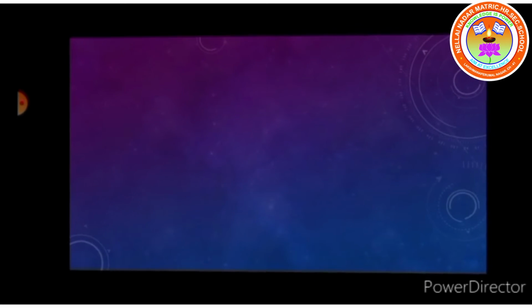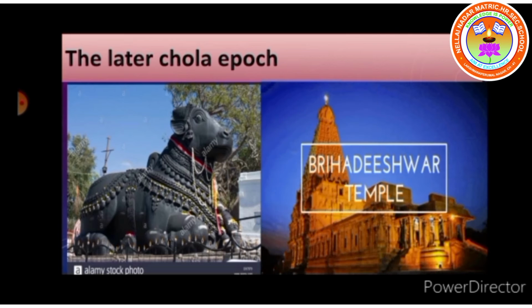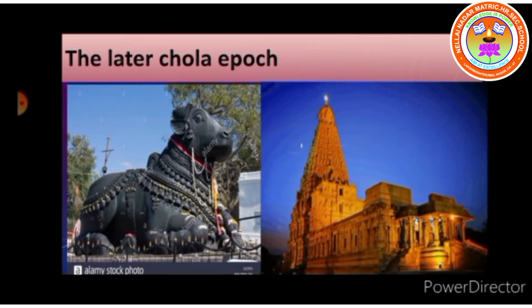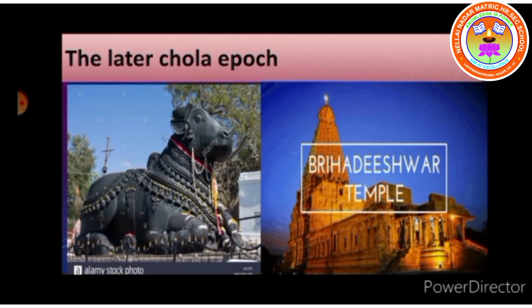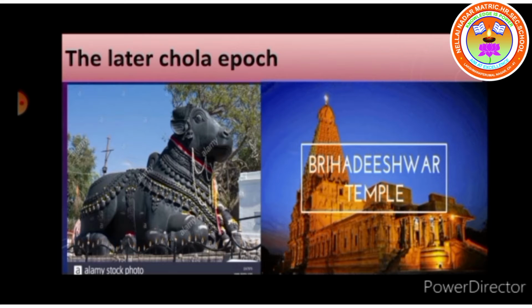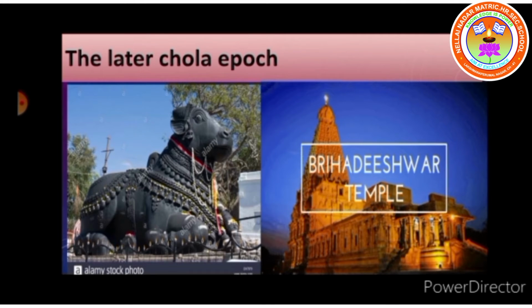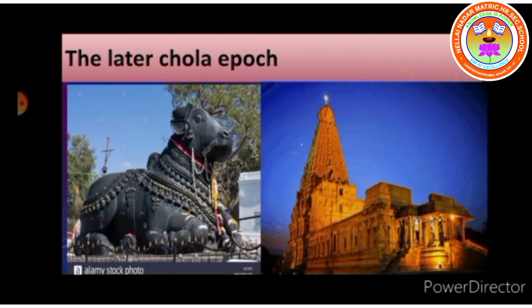Next, later Chola epoch. The maturity attained by the Chola architecture is reflected in the 2 significant temples of Tanjavur and Gangaikonda Cholapuram. First one, Tanjavur Big Temple. At the time, the big temple of Tanjavur was constructed. It was a huge temple complex.